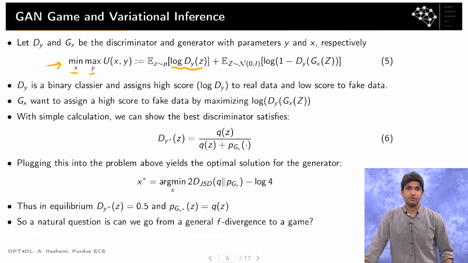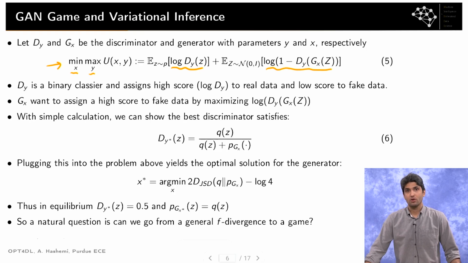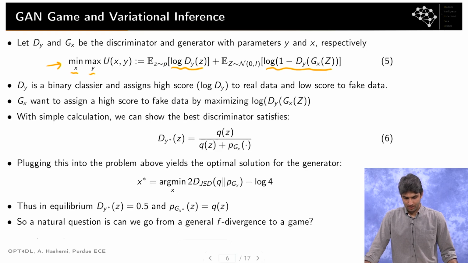When this score is high, we can interpret that as the discriminator thinking this particular image is a real image. On the other hand, we can think of the other term as the score associated with the sample being a fake, hallucinated image.